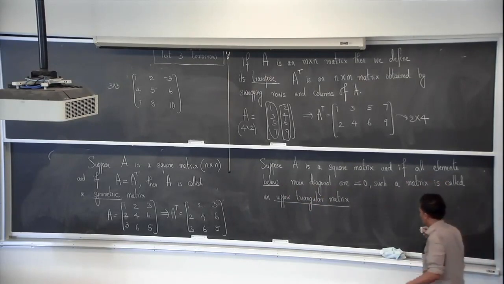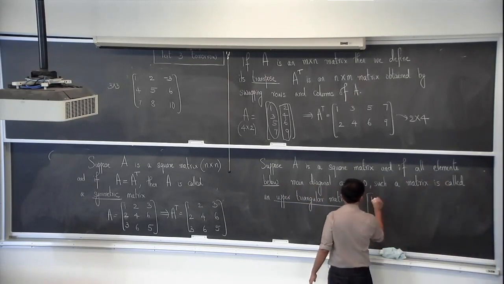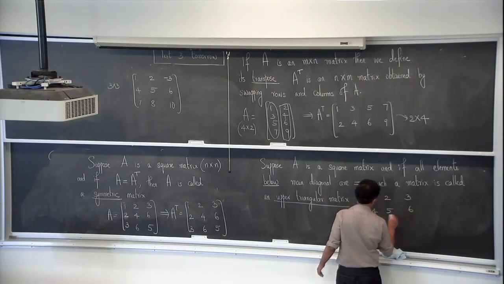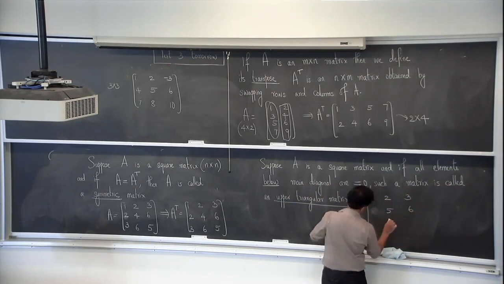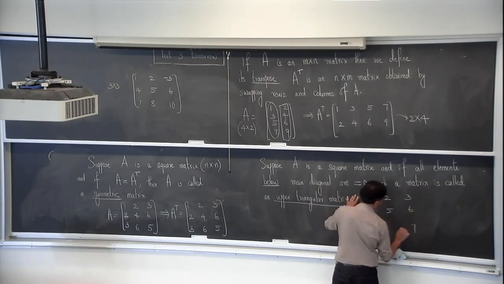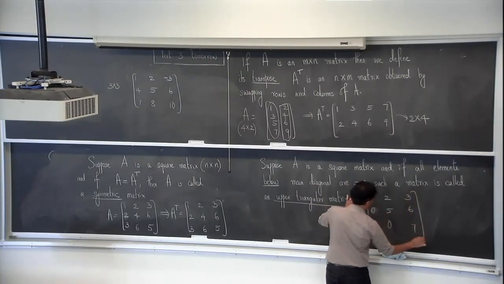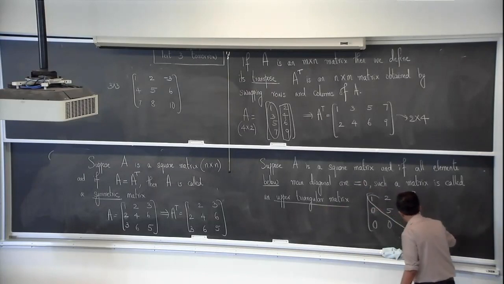Nobody cares. So this is a 3 by 3 upper triangular matrix, for example, 4, 5, 7, 0, 0, 0. This is the main diagonal for the matrix.